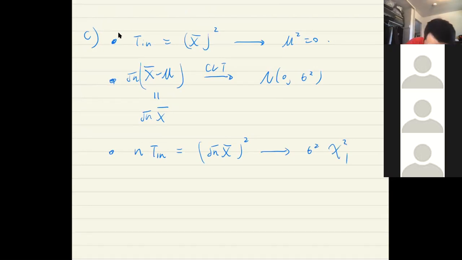Because we have a sigma here, the total is sigma square chi square 1.